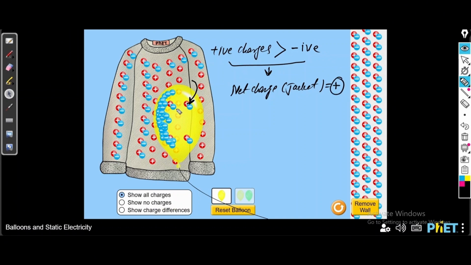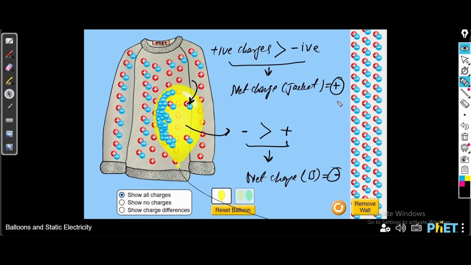Similarly, the number of negative charges on the balloon is greater than the number of positive charges, and hence the net charge on the balloon is negative.